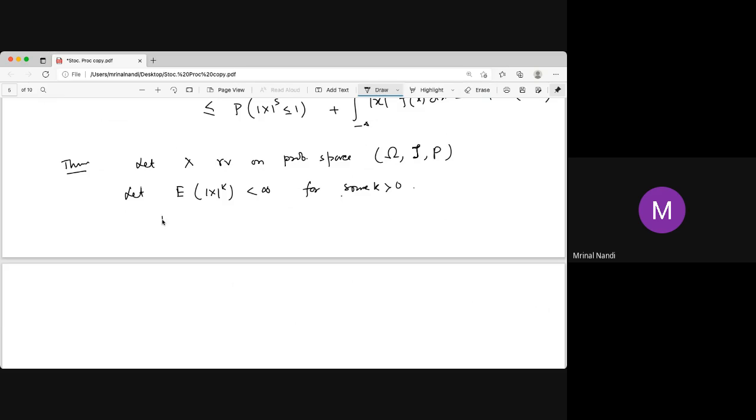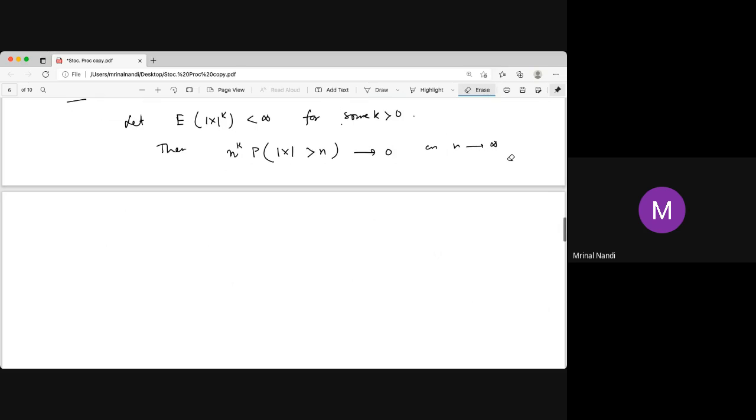Then what is true? Then n^k times the probability of |X| greater than n tends to 0 as n tends to infinity. This is a very important theorem to prove some theorems in the next part of probability, in limit theorems.